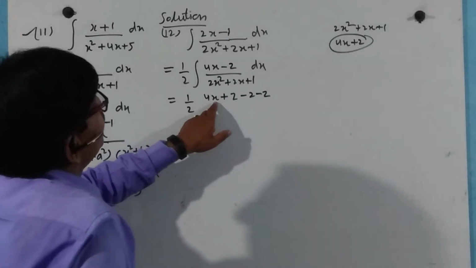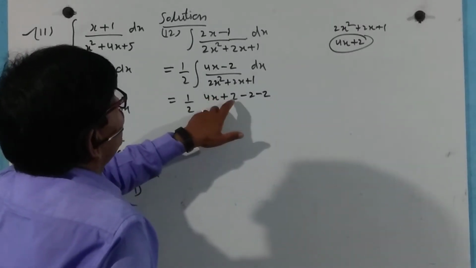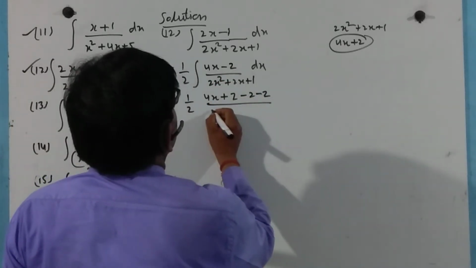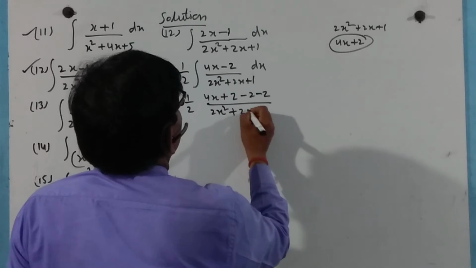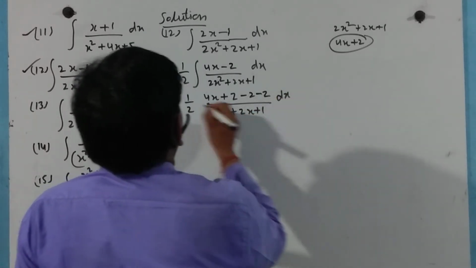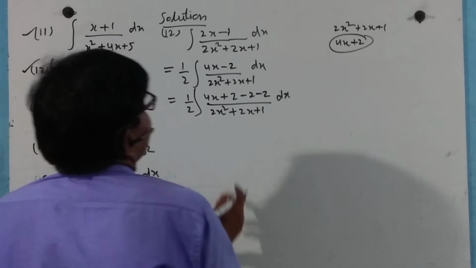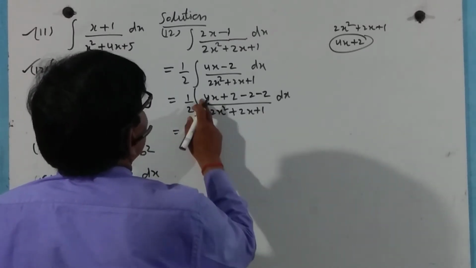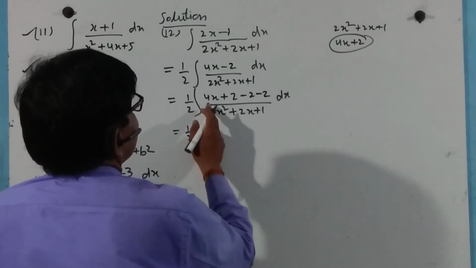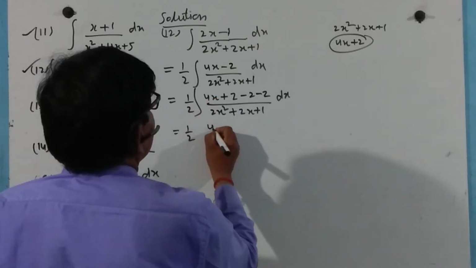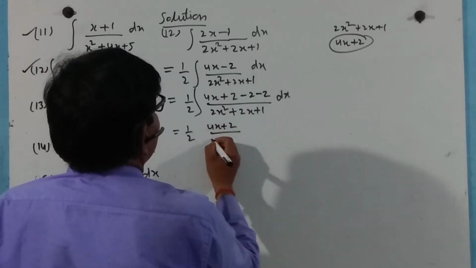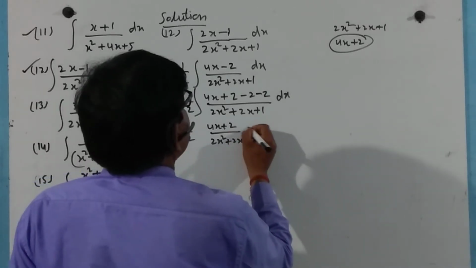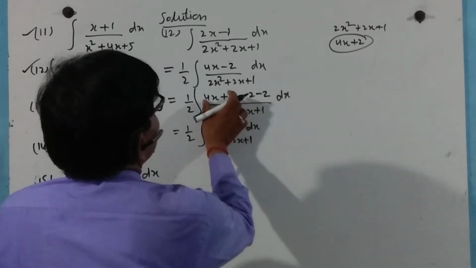Adding 2 because here 4x + 2, adding 2, subtracting 2, and minus 2 also here, so this is 2x² + 2x + 1 dx, and integration of this. This can be written as 1 by 2 times the integral of (4x + 2) divided by 2x² + 2x + 1 dx.